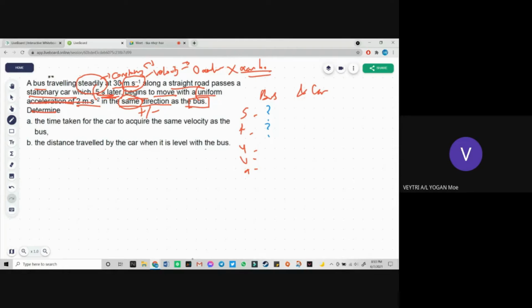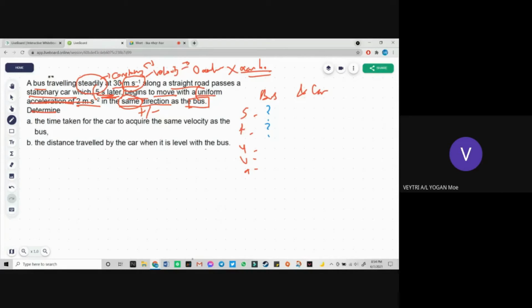Initial velocity for that particular bus movement. Initial velocity, I think you guys are quite clear. It is 30, right? Can I just assume it's 30? Or do you think it's 0? What do you guys think of this situation?